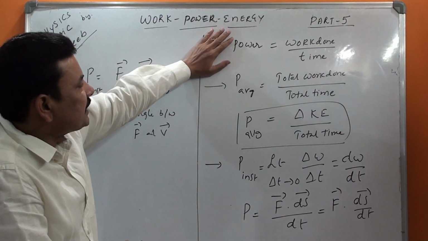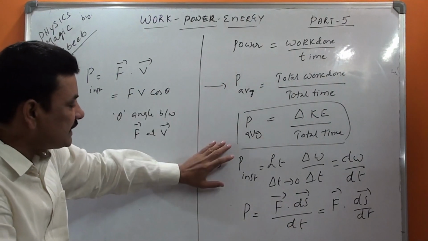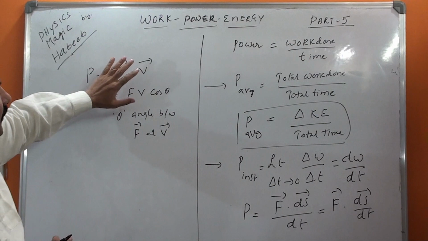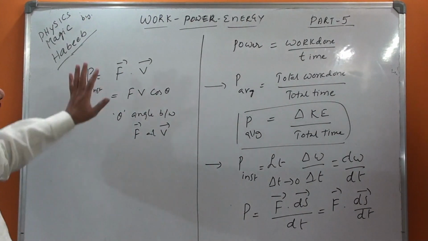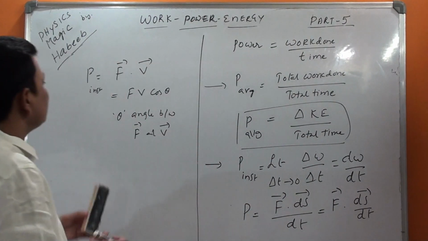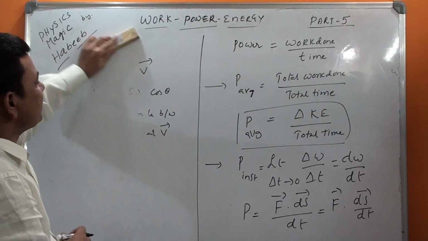So you understood what is power, what is average power and what is instantaneous power, and we found it in different forms also. With the help of these formulas, you can happily do problems on power.